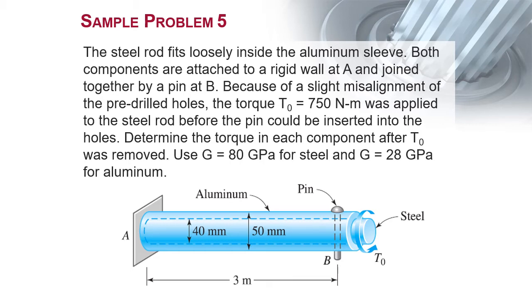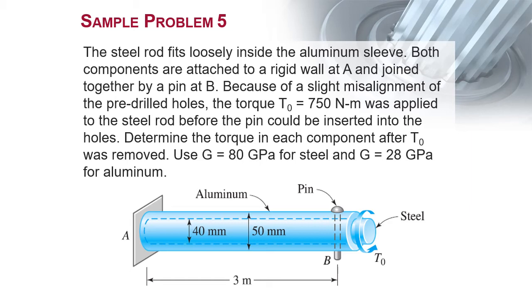The steel rod fits loosely inside the aluminum sleeve. Both components are attached to a rigid wall at A and joined together by a pin at B. Because of a slight misalignment of the pre-drilled holes, the torque T0, which is equal to 750 Newton meter, was applied to the steel rod before the pin could be inserted into the holes.